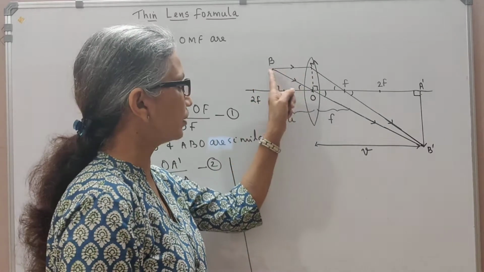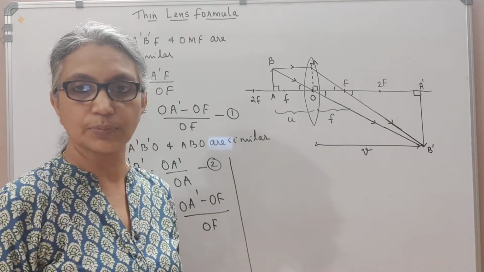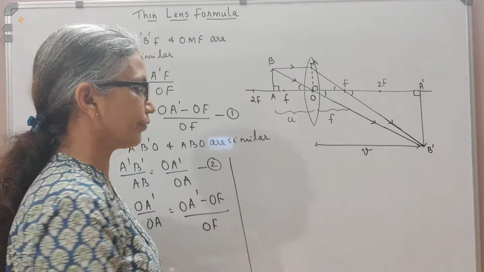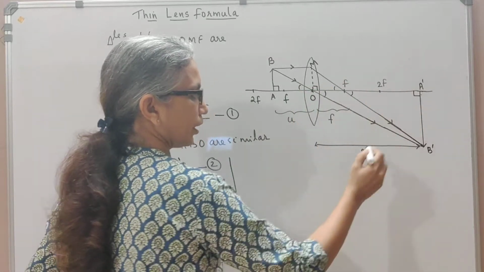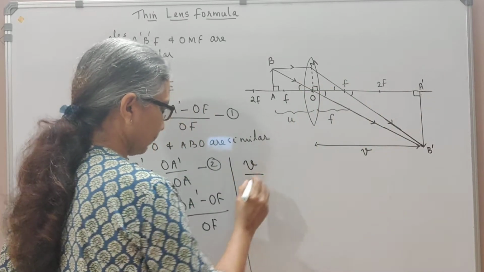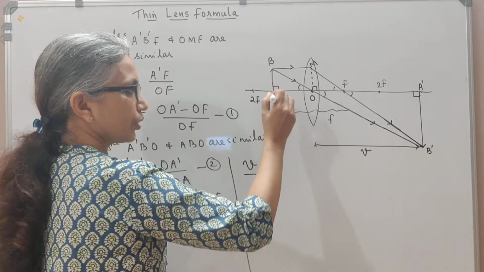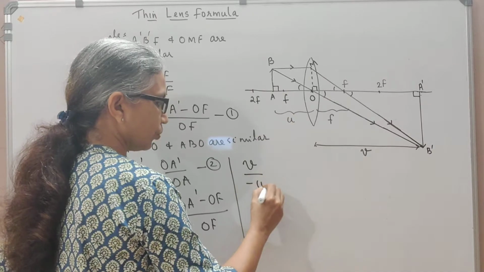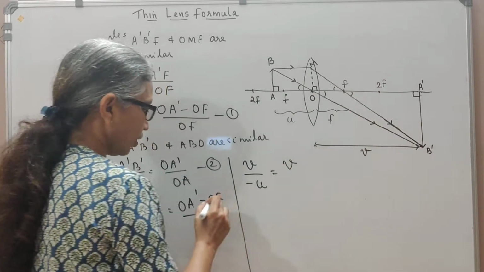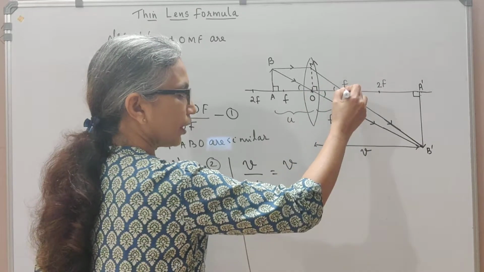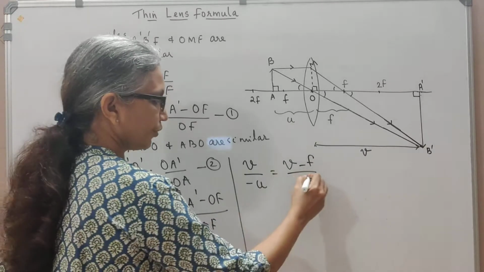The incident light is towards the right, so we take all measurements to the right as positive and to the left as negative. Here OA', I'm measuring from O to the right, is plus v, by OA. From O to the left, I am measuring OA, that is minus u, should be equal to (OA' minus OF) by OF, where OA' is v. Then OF is from O to the right, that is the focal length f. So (v minus f) by f.